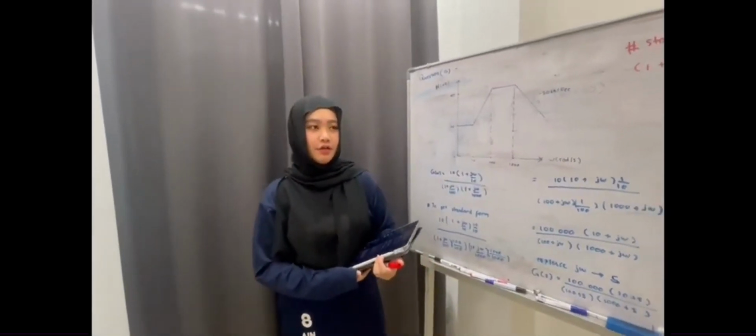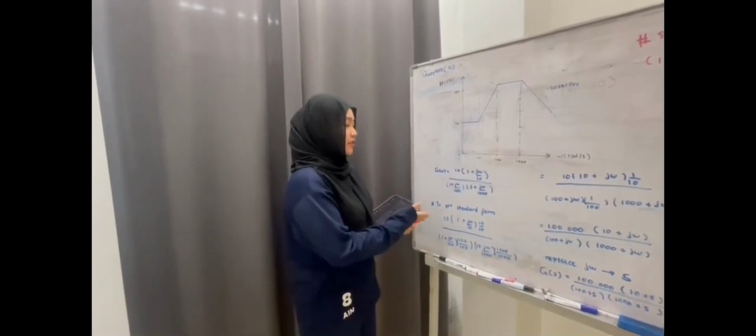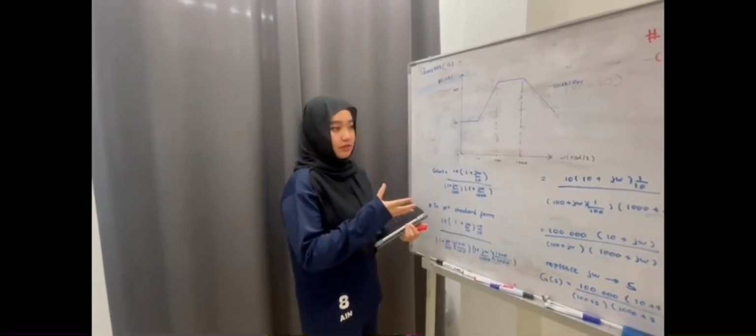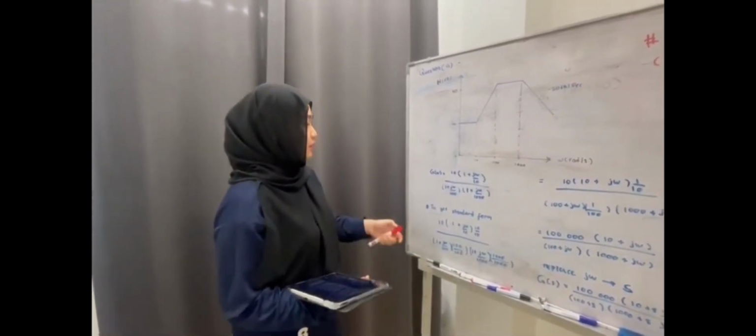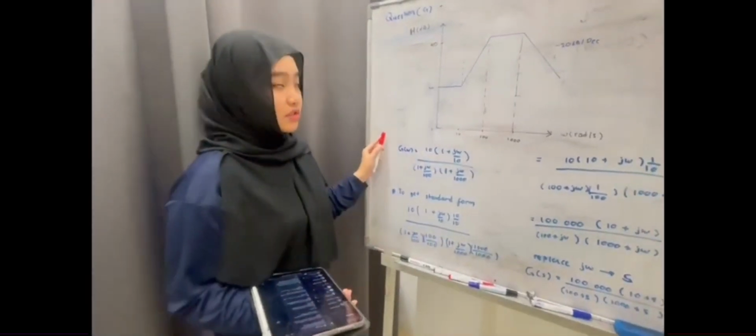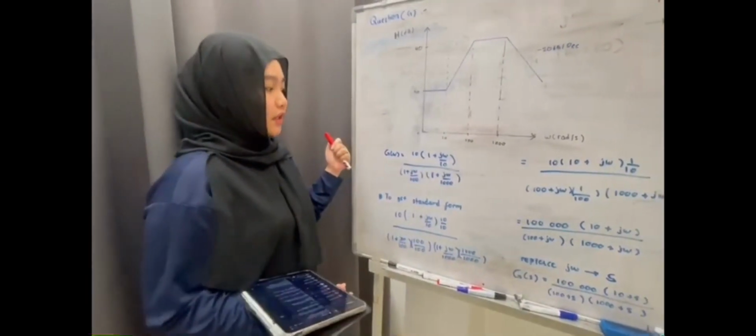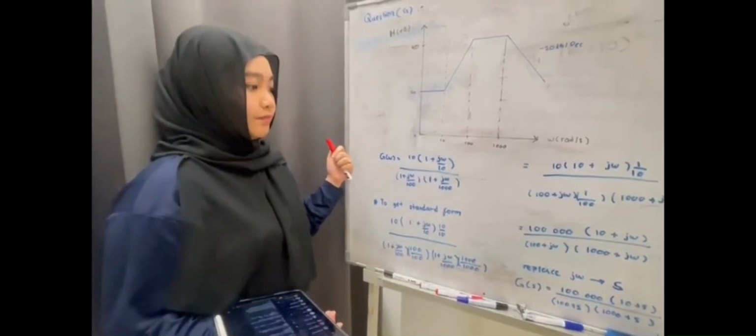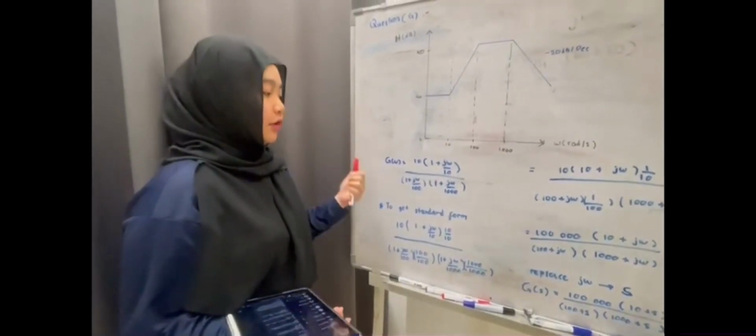Okay, hello. Now, I want to present how to convert the transfer function to standard form. This is the transfer function that we got from the previous presentation by Mohammed.